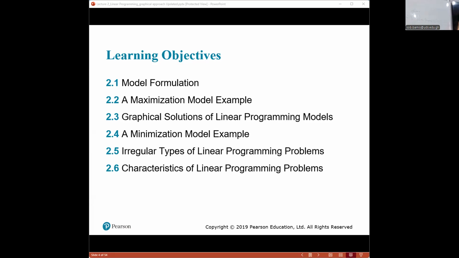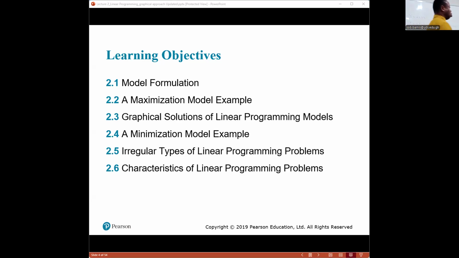Graphically. If we can't solve it graphically, we'll use what? Computer. So whatever the case may be, we will solve the problem. But the main issue is how to identify the problem and how to formulate the problem. And that is what we will do today.